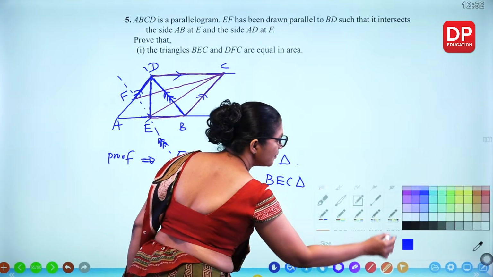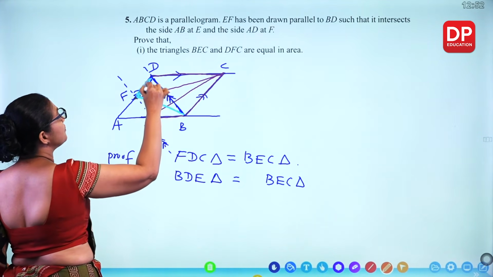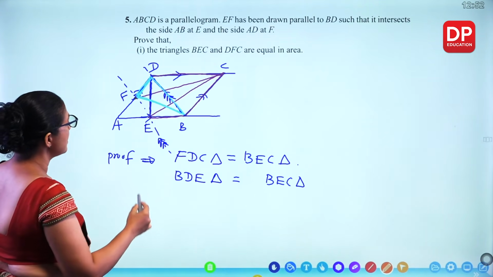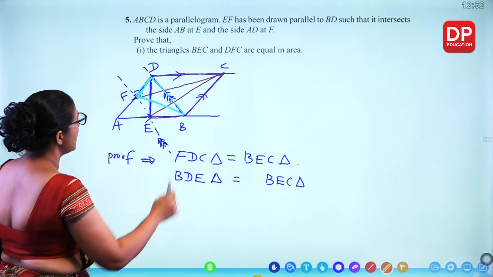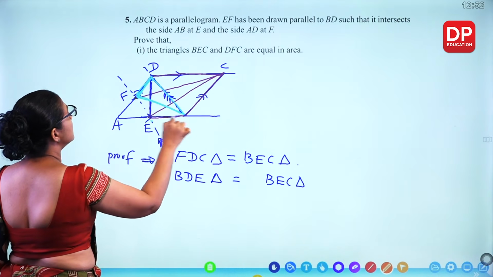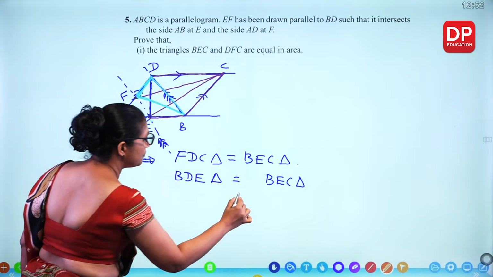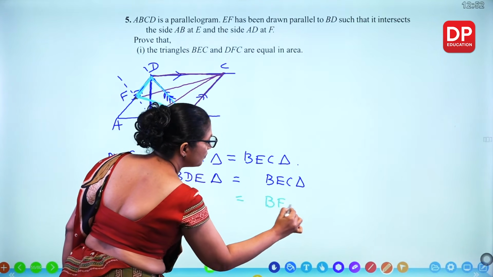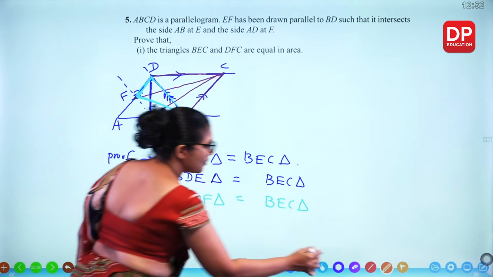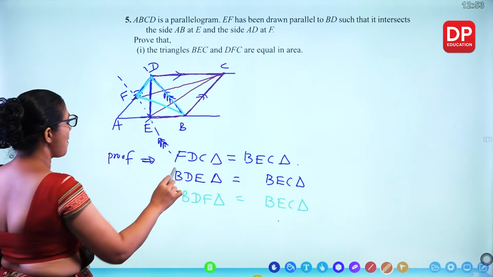I'll take another color. So I'll write BDE triangle. This area is the same as BDF. So you have to give the reason for that. Why is this one equal to this? BDE.